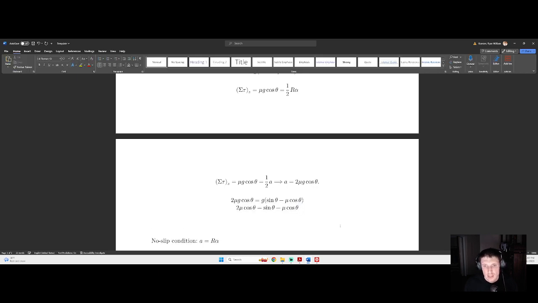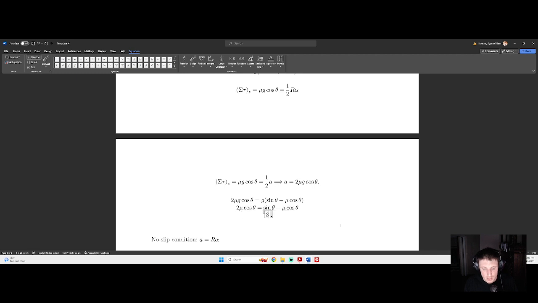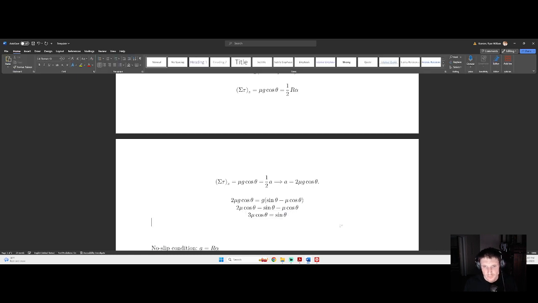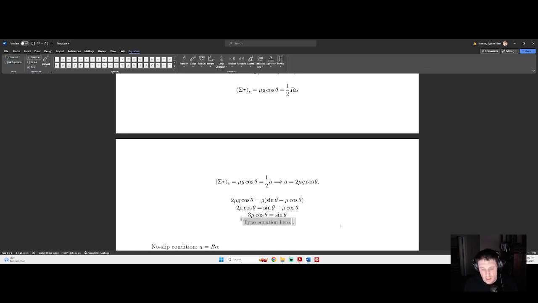I then add mu cosine theta to both sides, right? So I get 3 mu cosine theta equals sine theta. And I find then that mu equals sine theta over 3 cosine theta. This is also known as tangent of theta over 3.